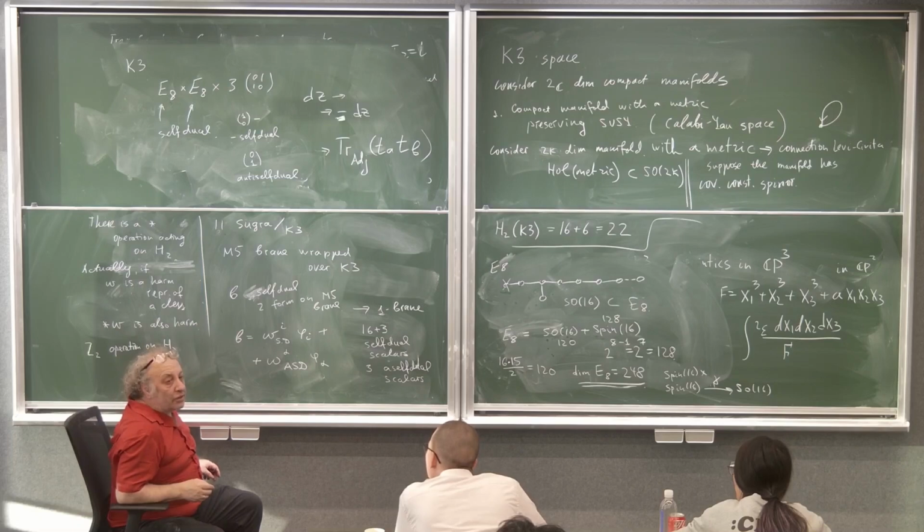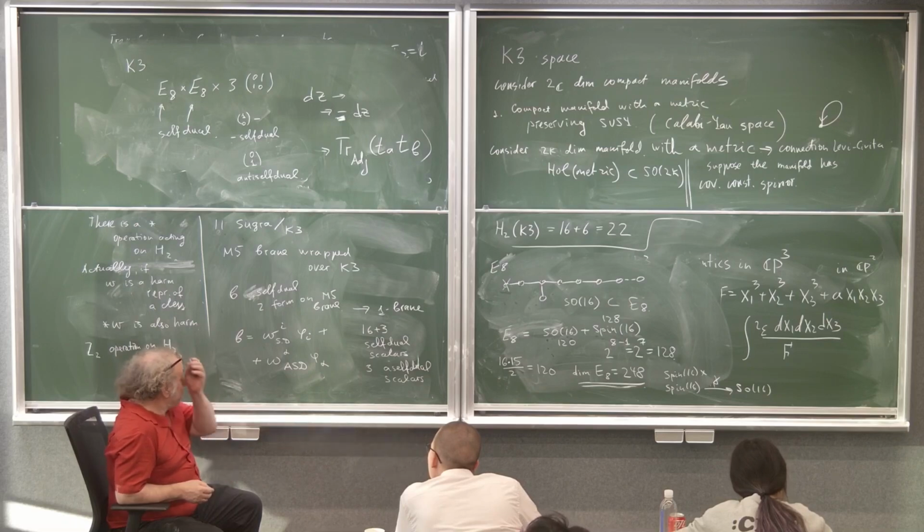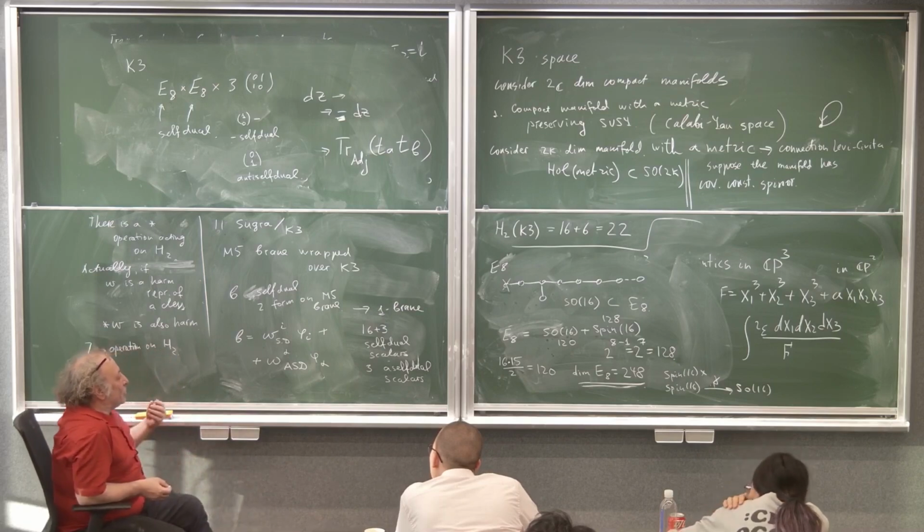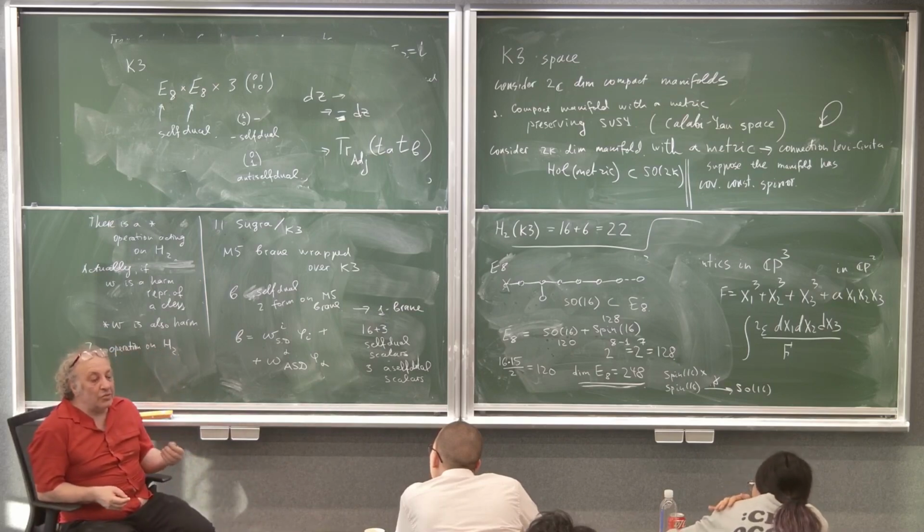So what does this mean? It means what self-duality of a scalar means. A scalar is self-dual if it is holomorphic.